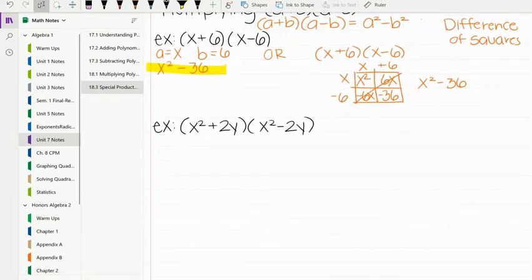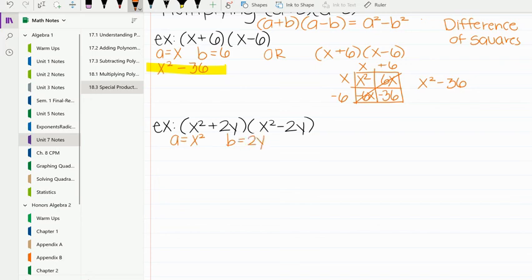Okay, our last problem here. I know that this is a difference of squares again because it's the same binomial, just a plus and a minus sign. On this one, I'm going to use the pattern and not our old method, just to save some time. Our a is our first term, which is x squared, and our b is our second term, which is 2y.